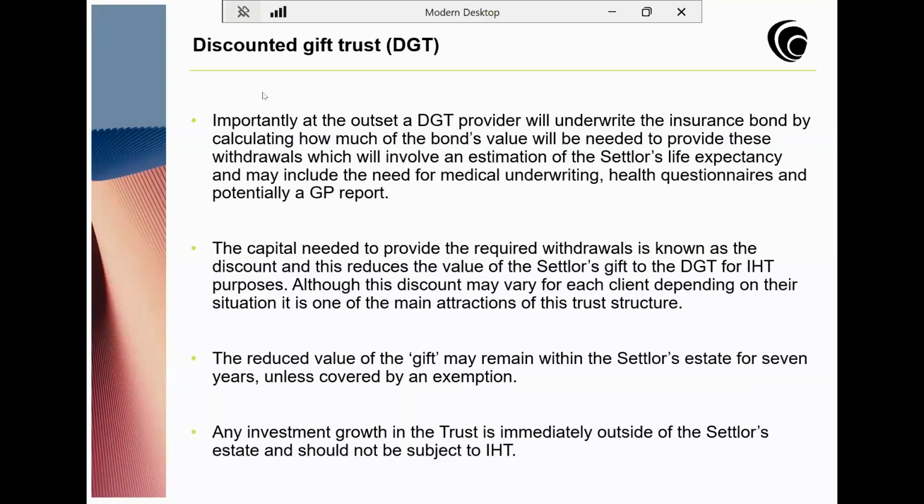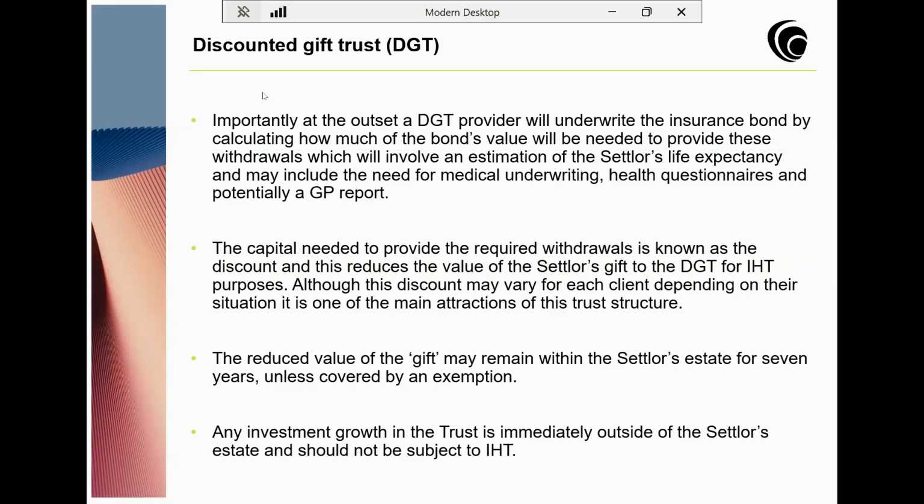So importantly, a DGT is underwritten and therefore it can provide that HMRC approval. The provider will consider issues such as the settlor's health, their age, life expectancy, their lifestyle, maybe interest rates, and it may in fact require medical underwriting such as questionnaires and GP reports. But that will then enable one of the main attractions, being the immediate discount.